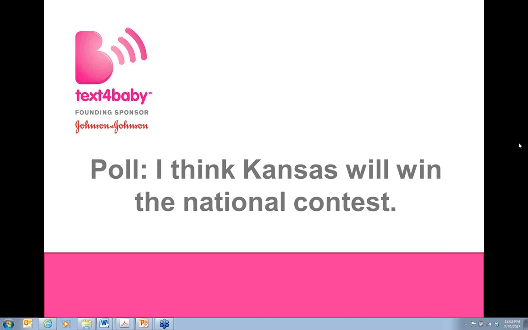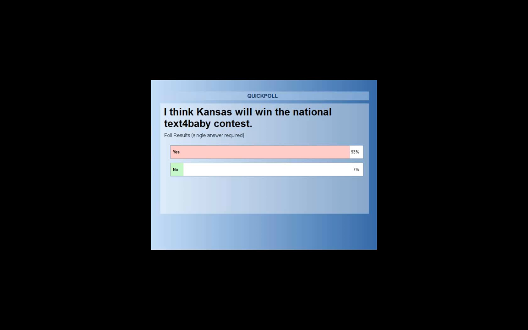With that, you can see the final poll for the webinar, which is that I think Kansas will win the national contest. It looks like a little over half of you have voted. All right, I am going to go ahead and close the poll and share the results.